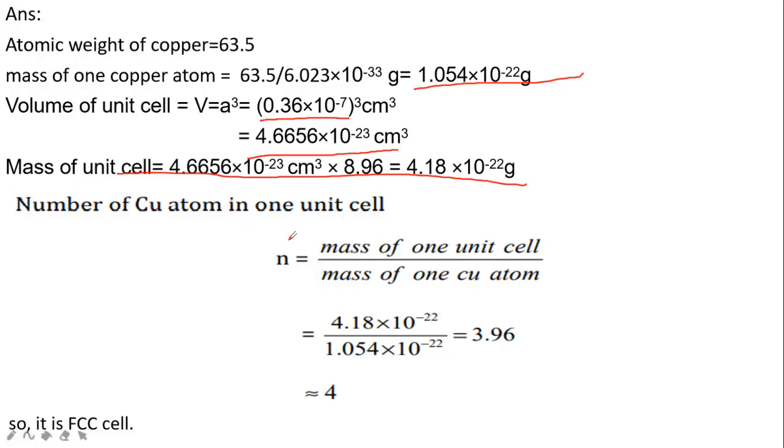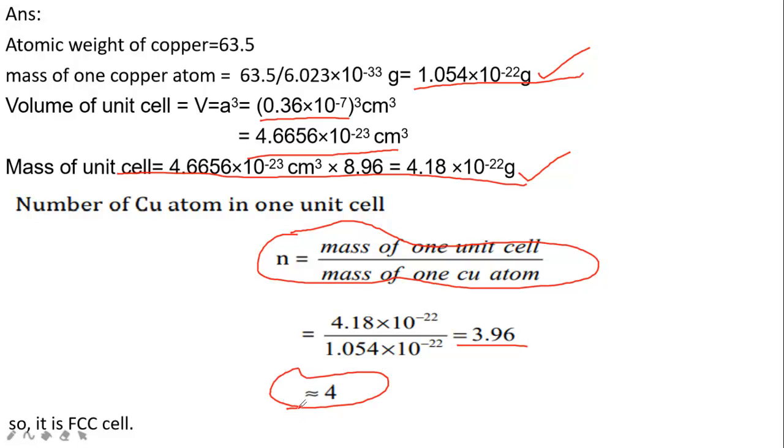Now, the number of copper atom in one unit cell, the formula is mass of one unit cell upon mass of one copper atom. So this is your mass of one unit cell, we have calculated, and this is your mass of one copper atom. Again we have calculated. Just do it. We are approximately getting number of copper atom in one unit cell is 4, approximately 4.